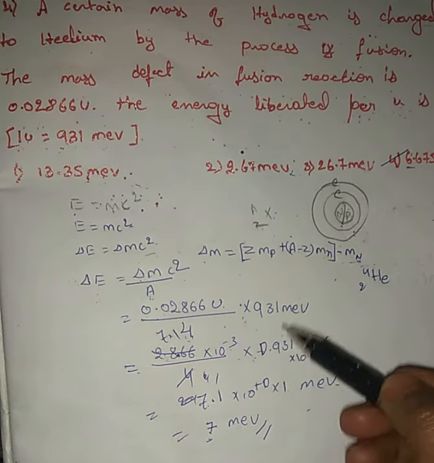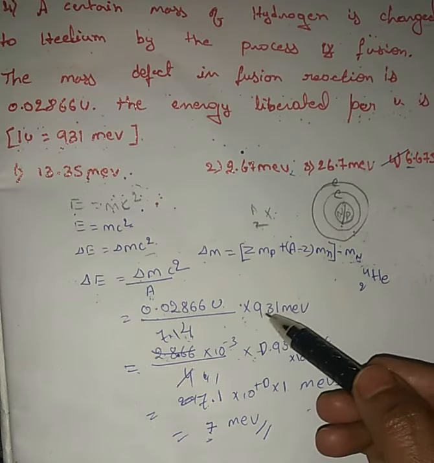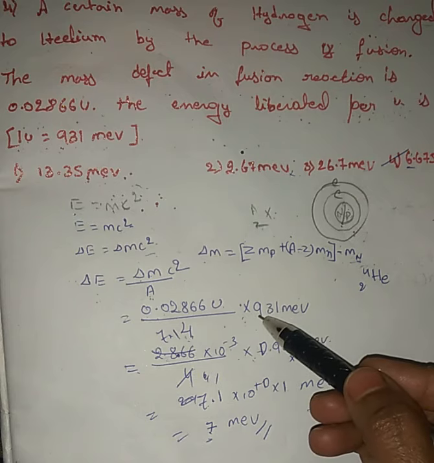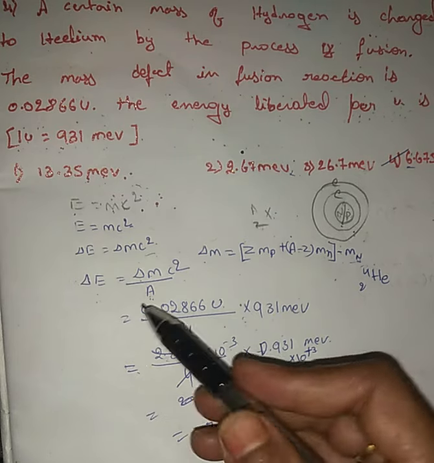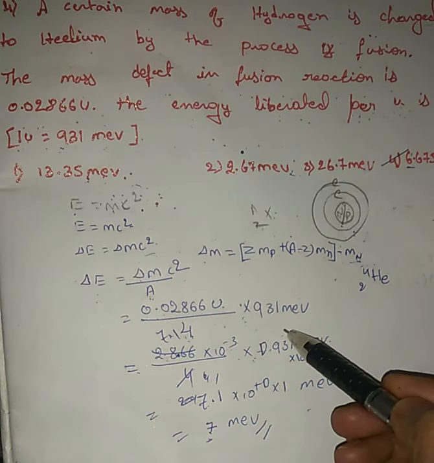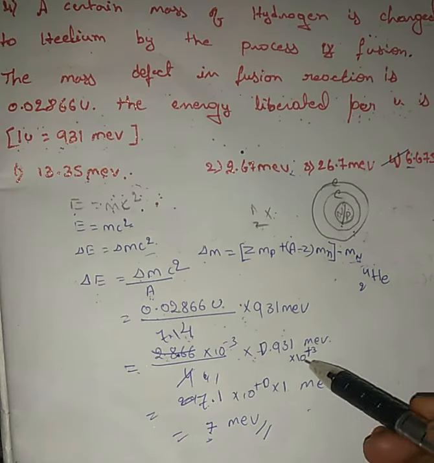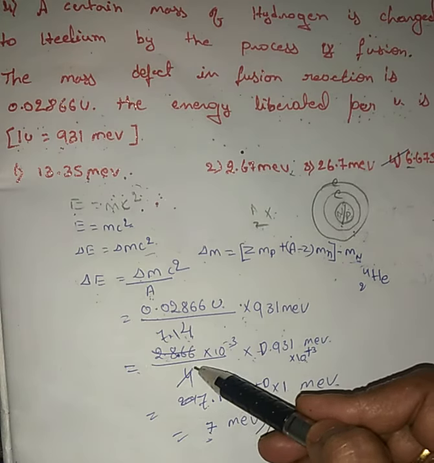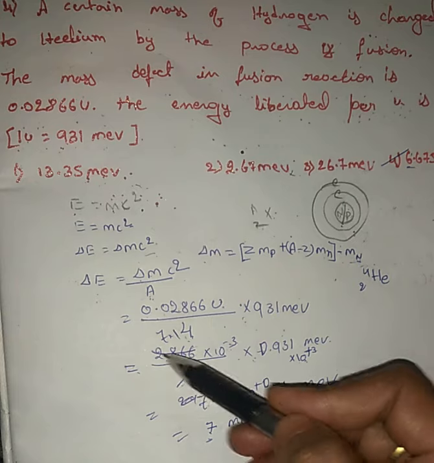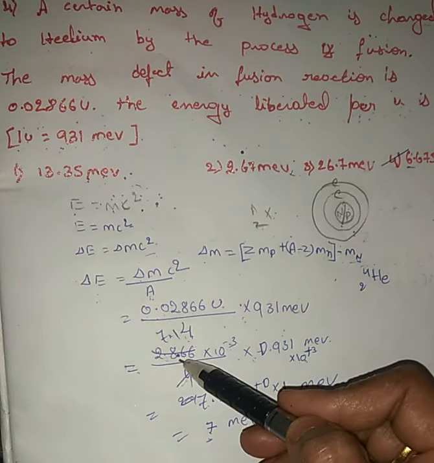Moving in the backward direction, multiplying by 1000 gives 10 to the power of plus 3. The minus 3 and plus 3 cancel, so the remainder is the division of 28.66 by 4.